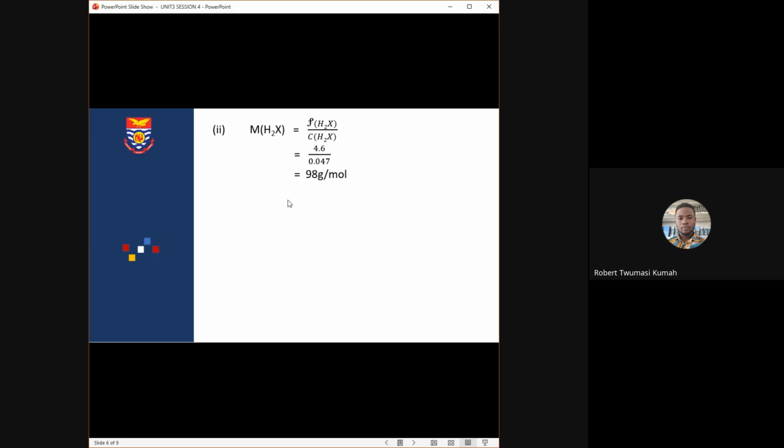That's what we have calculated, so we can put those values in here to find the molar mass. That gives us 98. So once we know 98, it means we can find X, because we know hydrogen. Hydrogen is 1. So 1 times 2 plus X equals 98. We make X the subject.